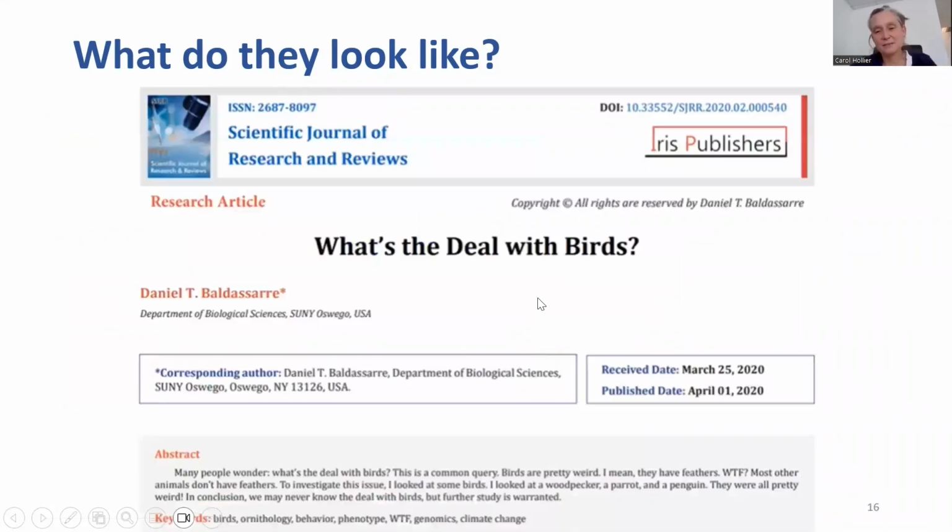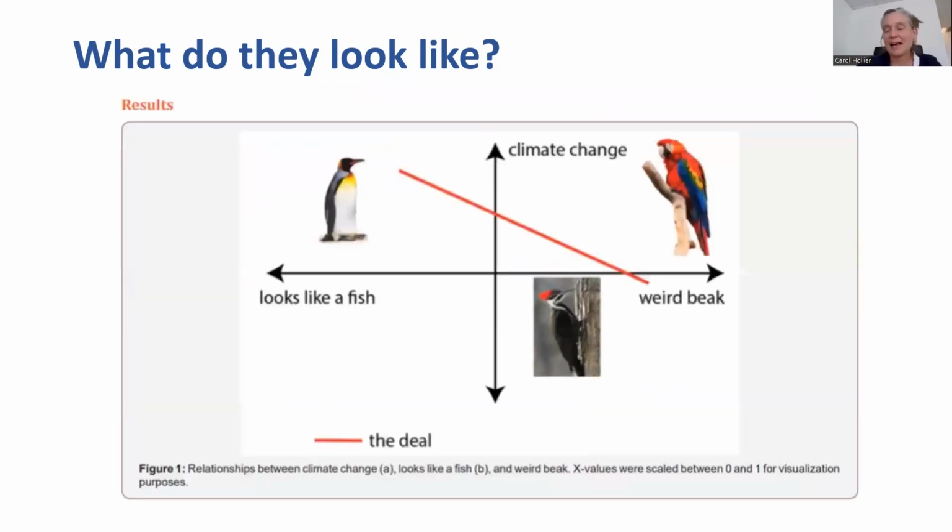This is the article. If you look at the abstract, it begins, "Many people wonder, what's the deal with birds? This is a common query. Birds are pretty weird. I mean, they have feathers." And then if you go on and look at the figures in it, you have things like this. Okay, there's a bird that looks like a fish. And then you have this one with a weird beak, and you have climate change.